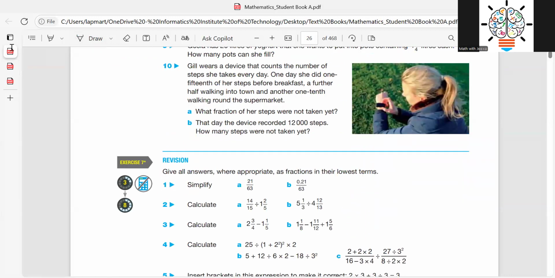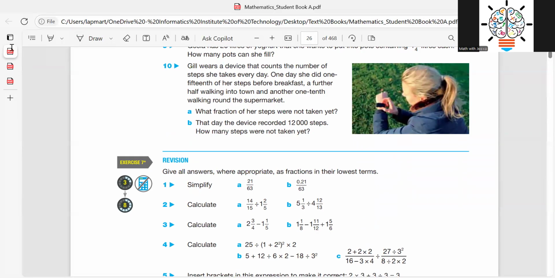So that day, the device recorded 12,000 steps. So at the end of that day, it recorded 12,000 steps. That means for the whole day, she has taken 12,000 steps. So at the end of the day, when you check your device, if you see 12,000, that means for the whole day you have taken 12,000 steps.